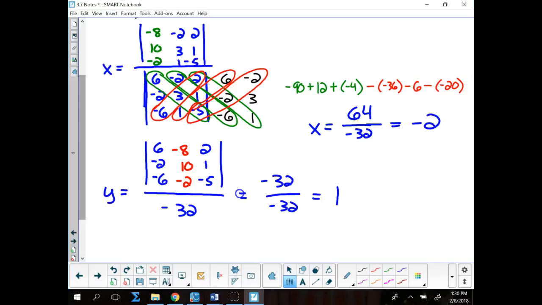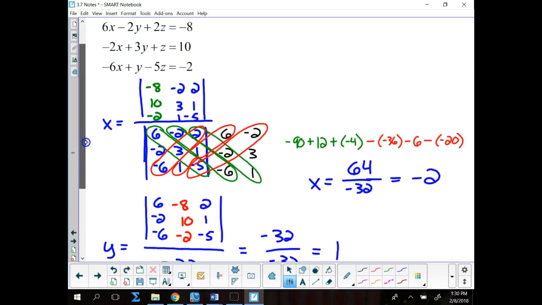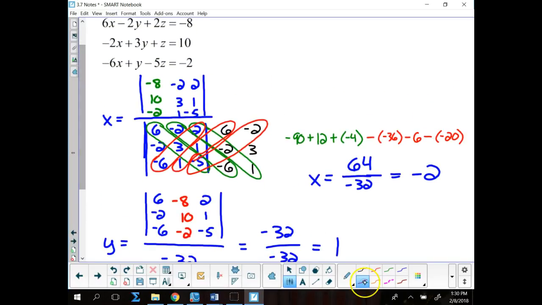Okay? Now again, I could go on and do that same process for z, or I could go back up here and say in this equation, negative 2 times negative 2 plus 3 times 1 plus z equals 10.